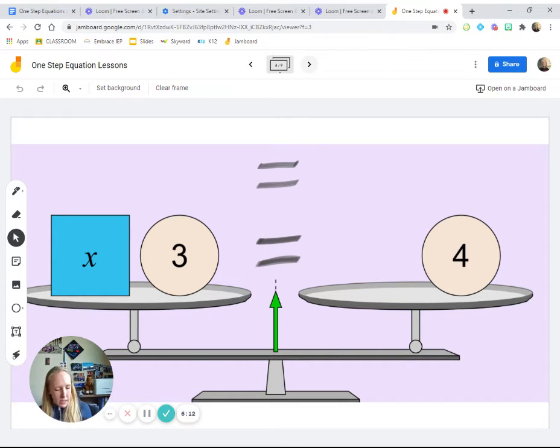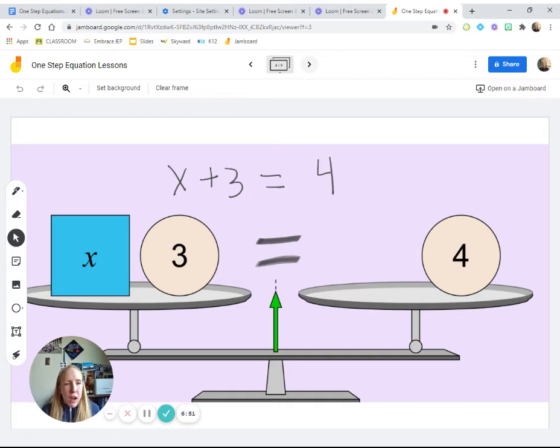What this equation says is I've got x, and then a positive 3, so x plus 3, and then on the other side of the equal sign, on the other side of the scale, I have 4. So my equation is x plus 3 equals 4. That is the equation that is represented by this picture.